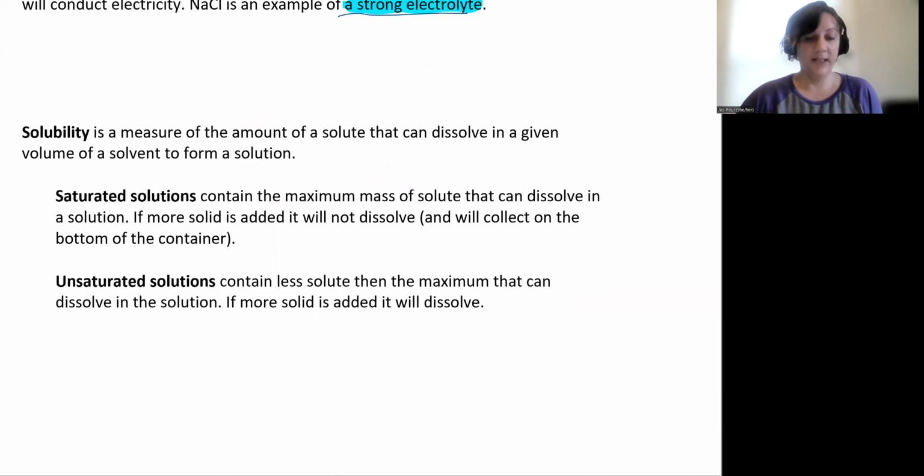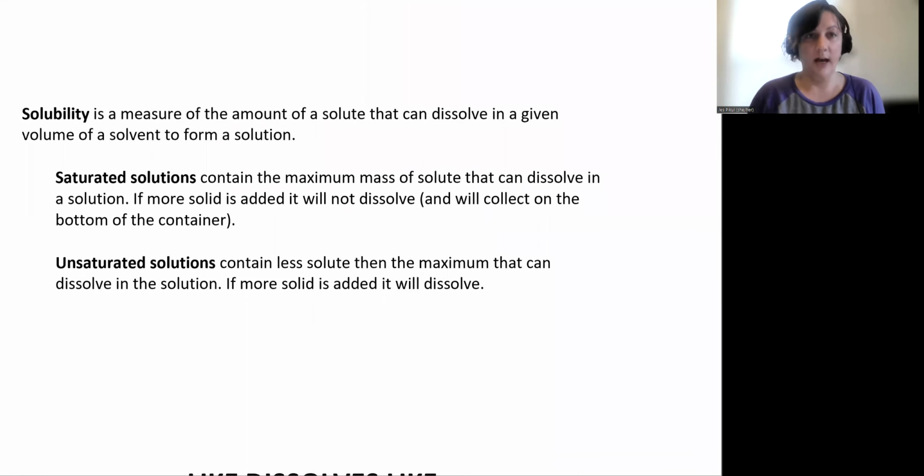And this is going to bring me to my last definition, which is solubility. So solubility, we've talked about solution, which is made up of a solute and a solvent. Now, solubility is a measure of the amount of a solute that can dissolve in a given volume to form a solution. So it's really just like, here's the measure of how much of our solute can actually form a uniform mixture in the solvent that we have.